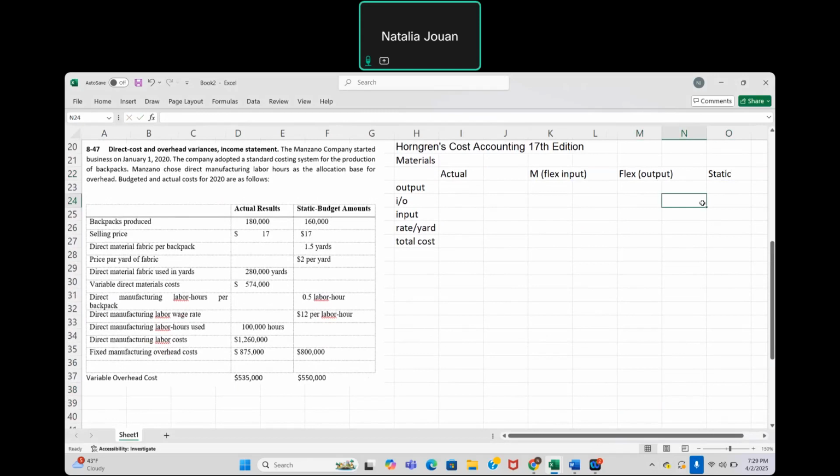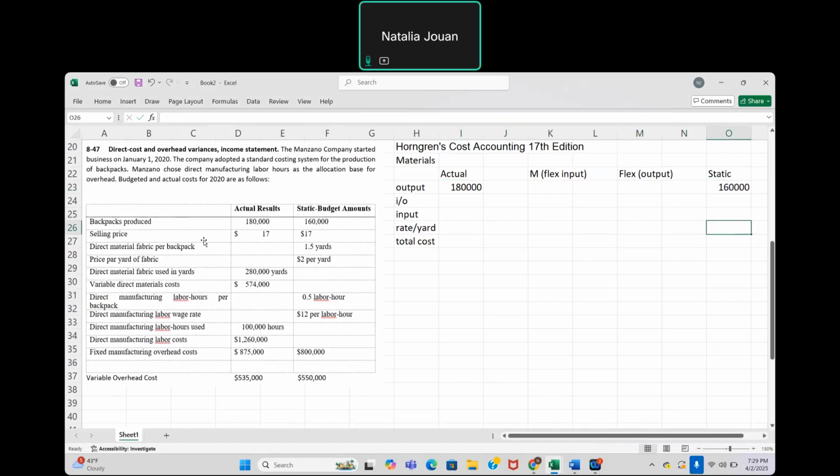All right, so let's fill in this chart with the materials information. First of all, output: actual results, actual output, 180,000 backpacks. We wanted to make 160, so that goes in the static budget. Number of output backpacks. The selling price is irrelevant to our analysis.